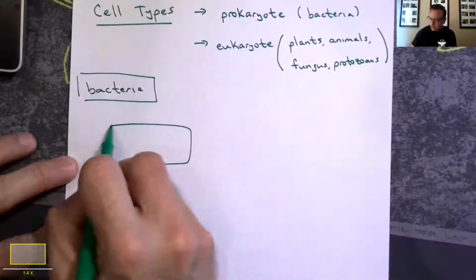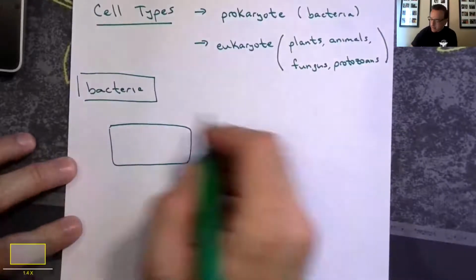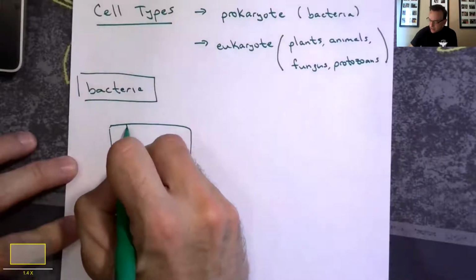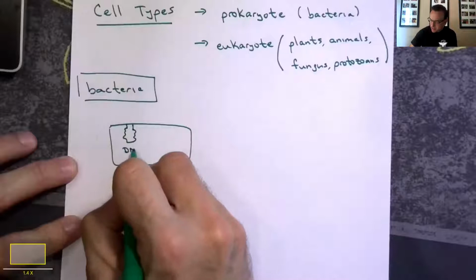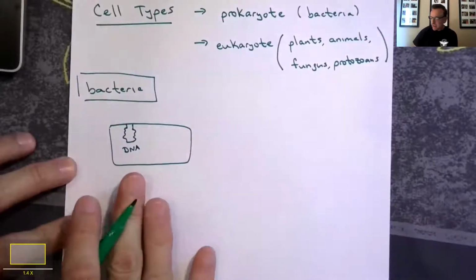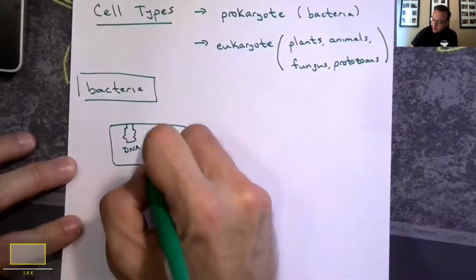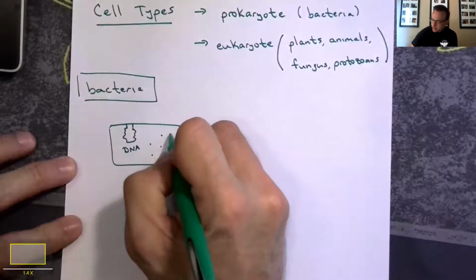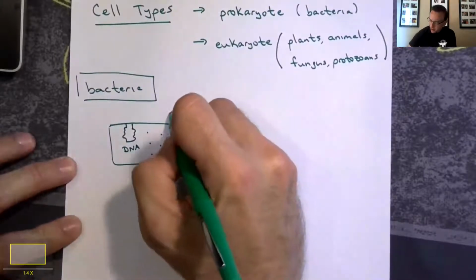So bacteria, right? You have a plasma membrane. It may or may not have a cell wall. And since there's no nucleus, its DNA is just attached to the plasma membrane like this. And again, there's a lot more detail that we'll talk about later in Core 2. And then the only organelle that floats around out here in the cytoplasm are ribosomes.